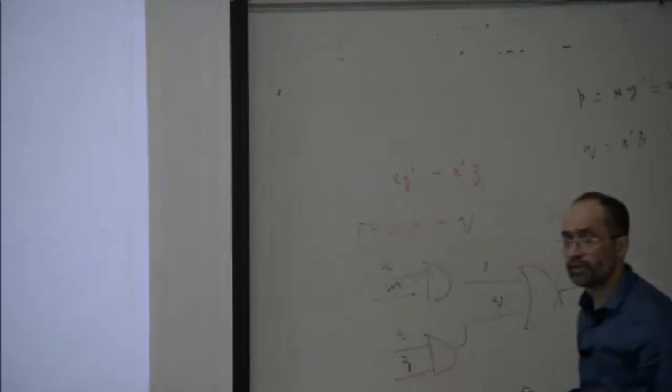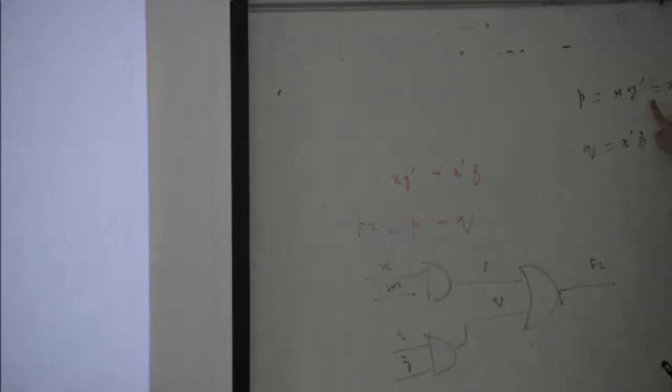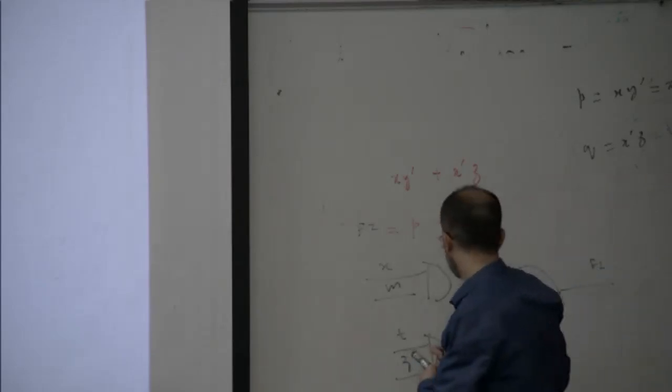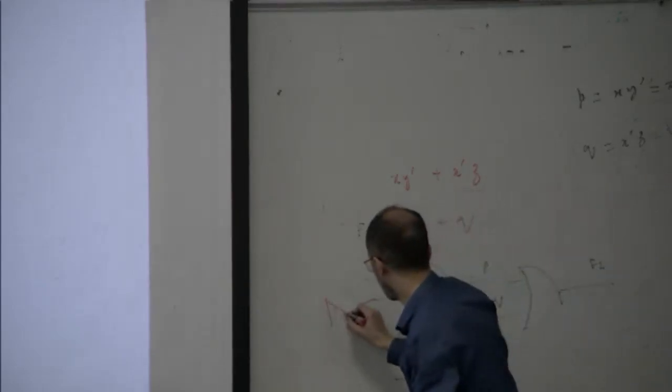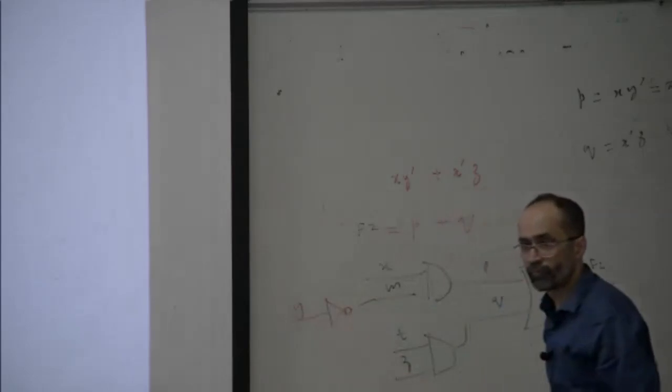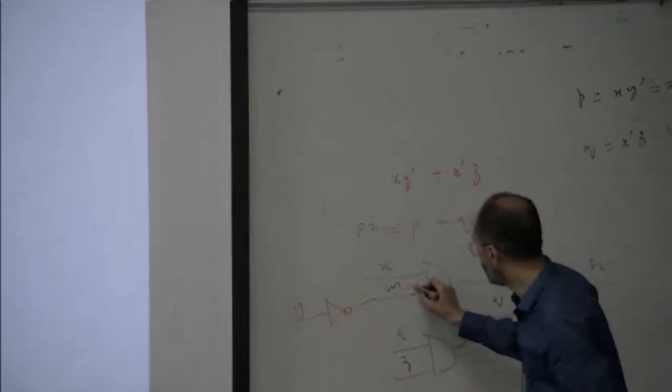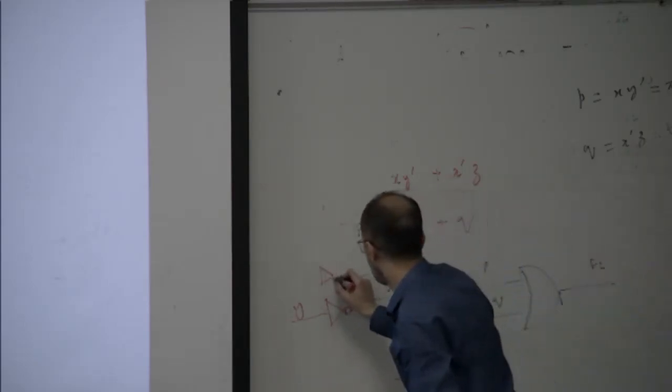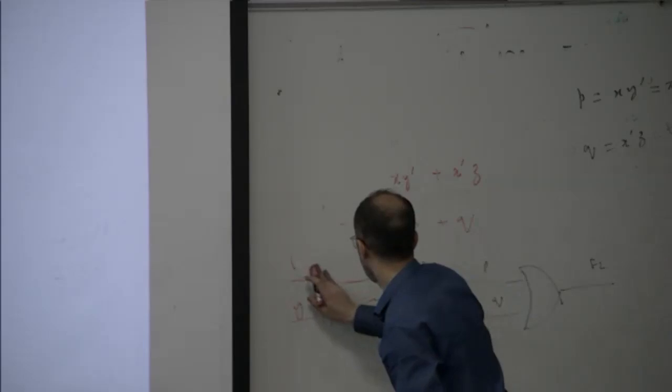T and Z. M is y bar. And what is this variable? X. T is x bar.